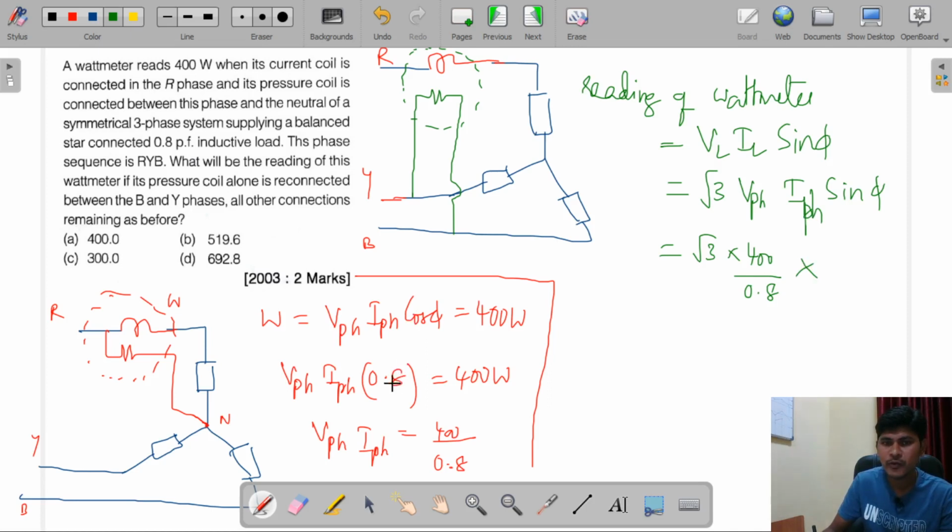If cos phi is equal to 0.8, then sin phi will be 0.6. Then let me use the calculator.